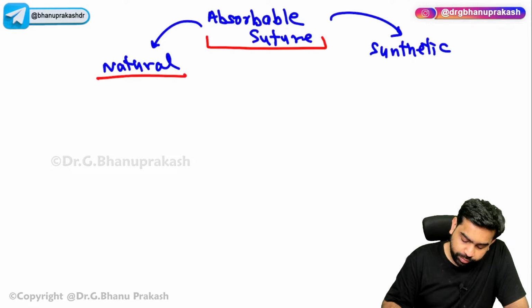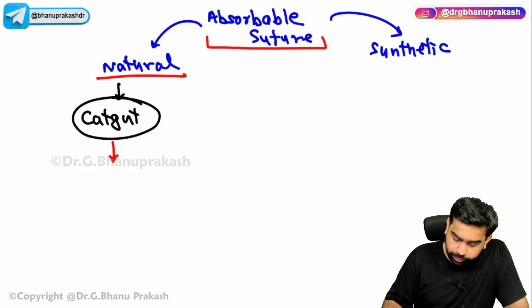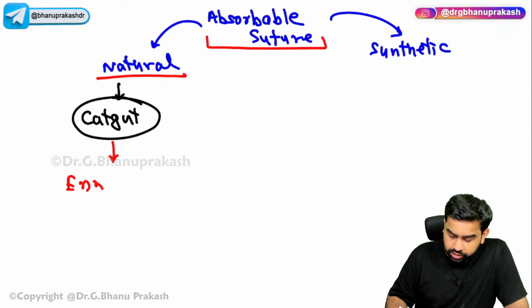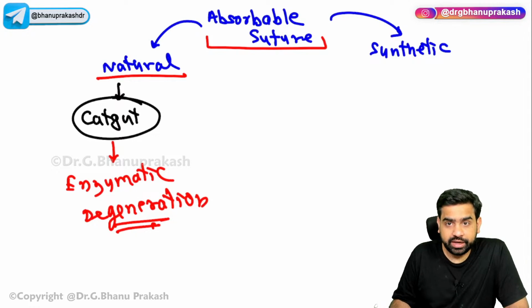What are the natural absorbable sutures? The natural absorbable suture is catgut. Natural absorbable sutures are absorbed by the process of enzymatic degeneration.